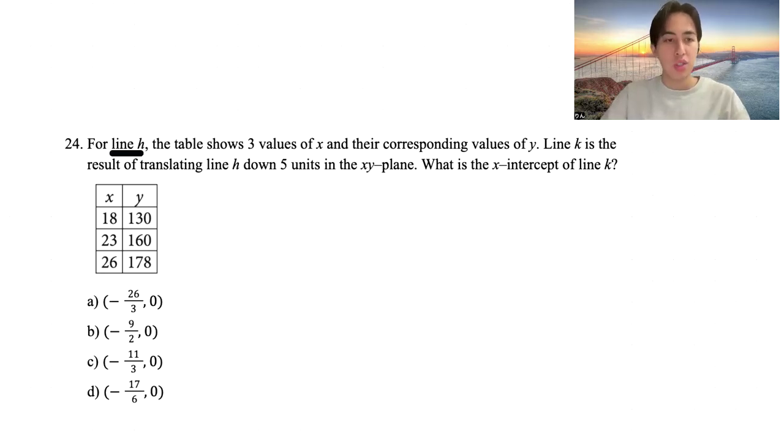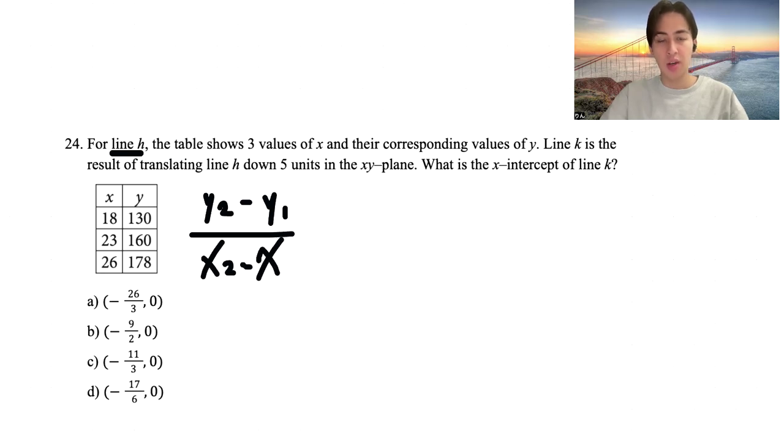So what we should first do is find the slope using the y2 minus y1 over x2 minus x1 formula. We can just choose two random data sets in this data set and plug it in.